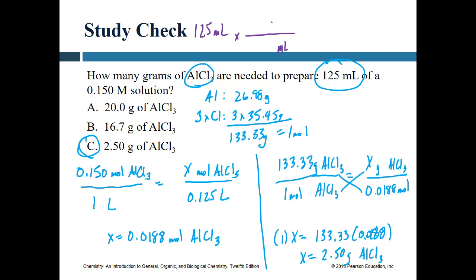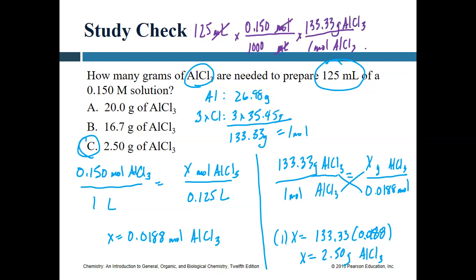So milliliters to moles here. There are 1,000 milliliters in a liter, and that gives us 0.150 moles. The milliliters end up canceling. And then to turn the moles into grams, again, we're going to use this fraction here. 1 mole of aluminum chloride weighs 133.33 grams.